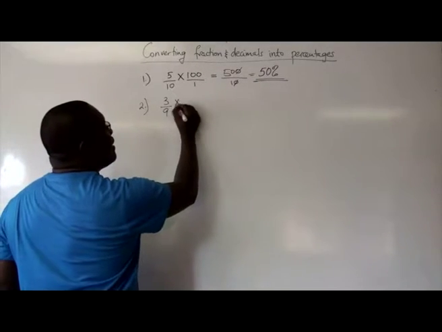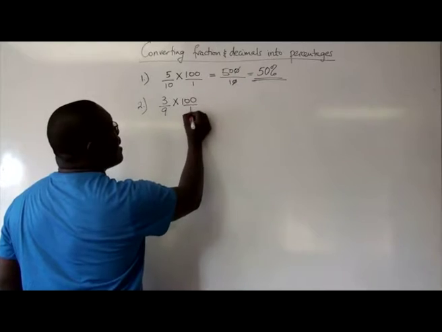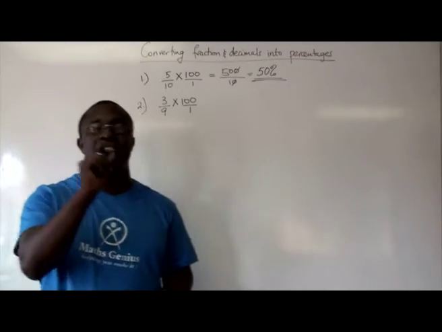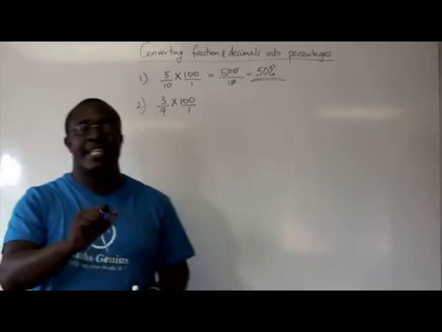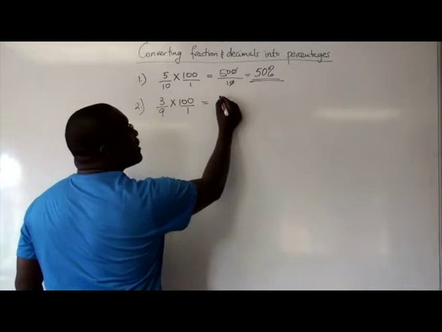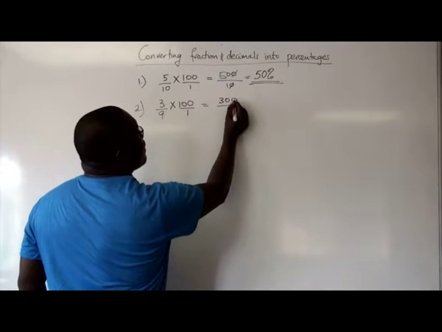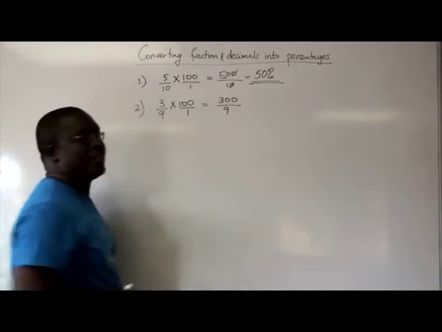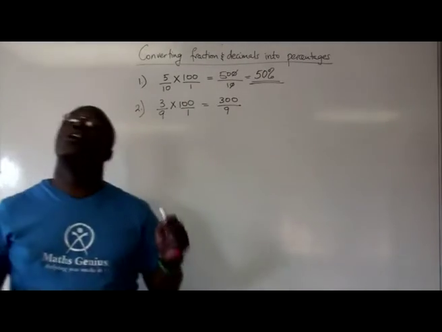So we simply multiply by 100 over 1, and as we know, multiplication of fractions, numerator times numerator, denominator times denominator. So it's going to be 3 times 100, which is 300, over 9 times 1, which is equal to 9. So you have 300 over 9.